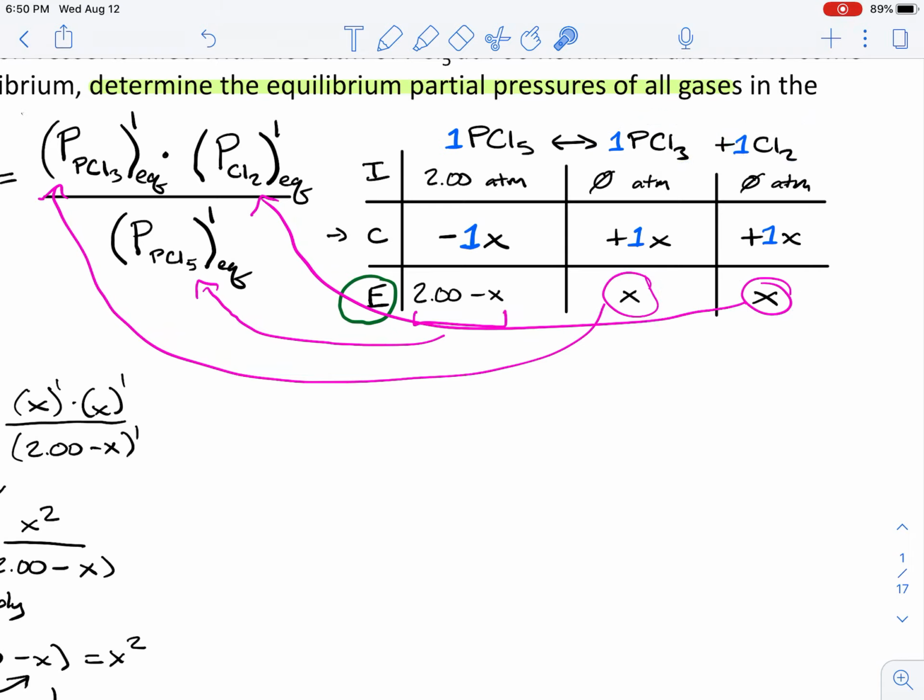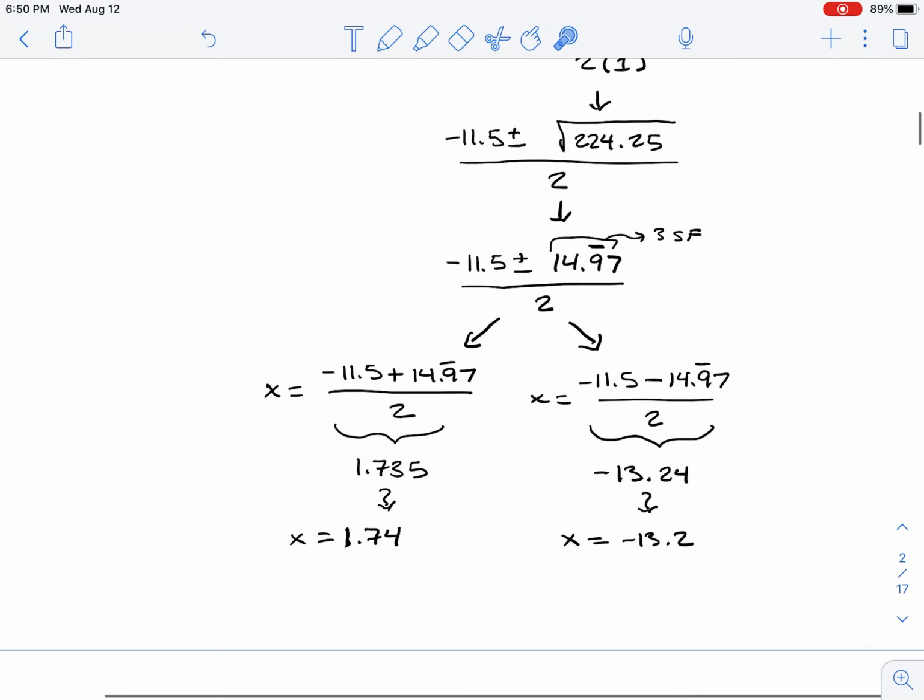And the answer is no. So it doesn't make sense for us to choose negative 13.2 as the true value of x simply because a substance cannot be negative, right? Our substance will always have to be positive, and it must be within the correct scope or the correct range. Otherwise, it just wouldn't be feasible.